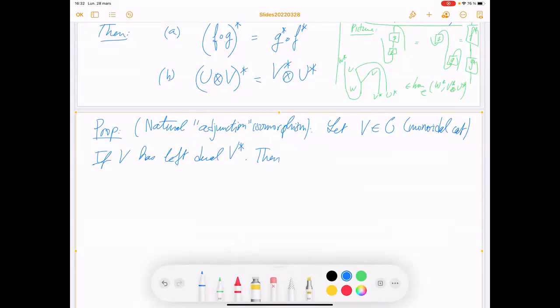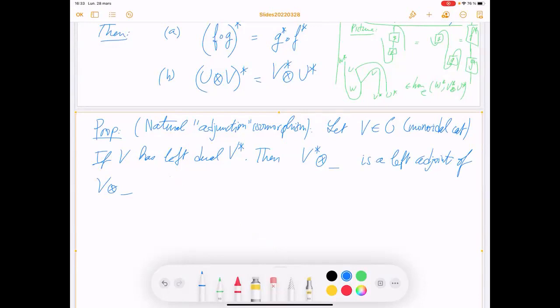Then the functor by tensoring by V star on the left is a left adjoint of the functor by tensoring by V on the left. Let me check.